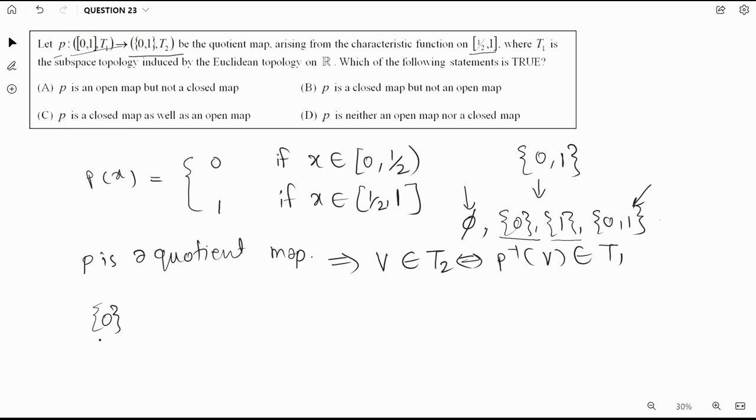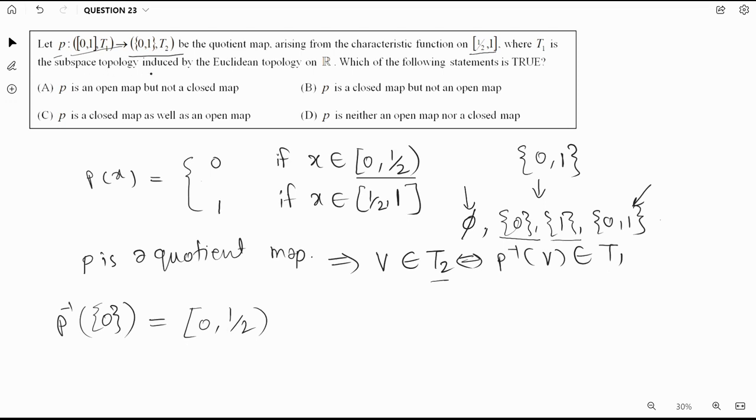Now {0} is in T2 if and only if its inverse image is in T1. So what is P inverse of 0? P inverse of 0 is [0, 1/2), because P(x) = 0 if x belongs to this interval. So this is a semi-closed interval. Is this open in T1?